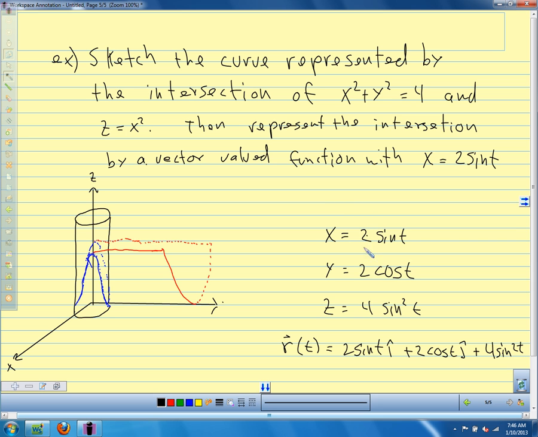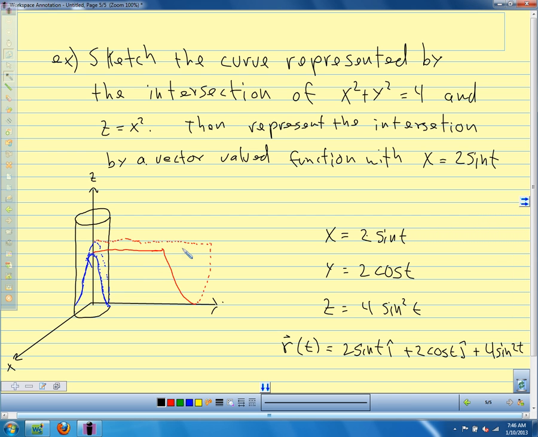So the relationship between the x and the y component gives us x squared plus y squared equals 4. And the relationship between the x and the z component gives us z equals x squared. So as t changes, the x and the y components are going to be on the right circular cylinder, and the z component is going to be on the parabolic cylinder.